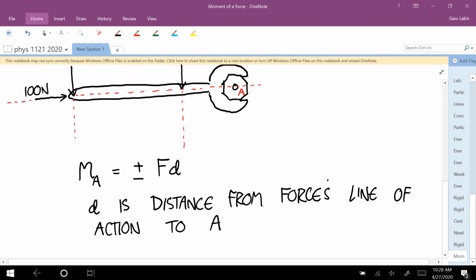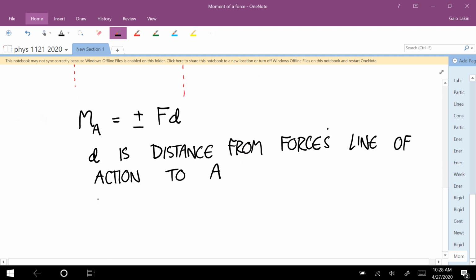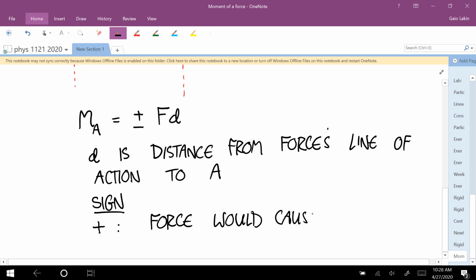We also need to know the sign, and so the sign of this moment is positive if the force would cause a counterclockwise rotation about that axis.